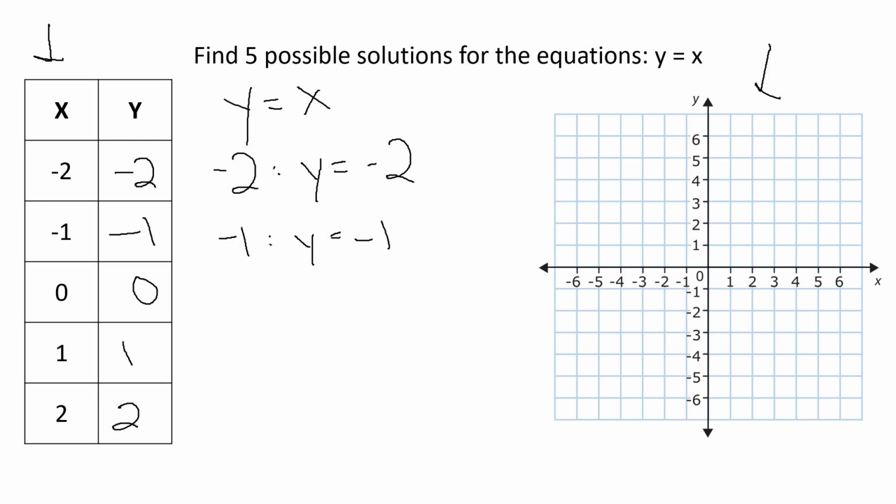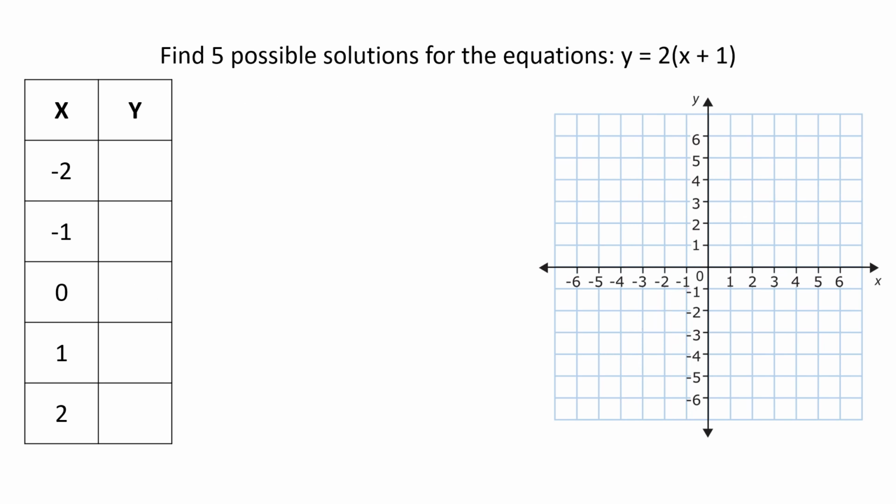So t-chart, plug them in, and now we just plot our points. X is negative 2, y is negative 2. X is negative 1, y is negative 1. 0, 0, 1, 1, 2, 2, and then there is my line. So that one's really easy.